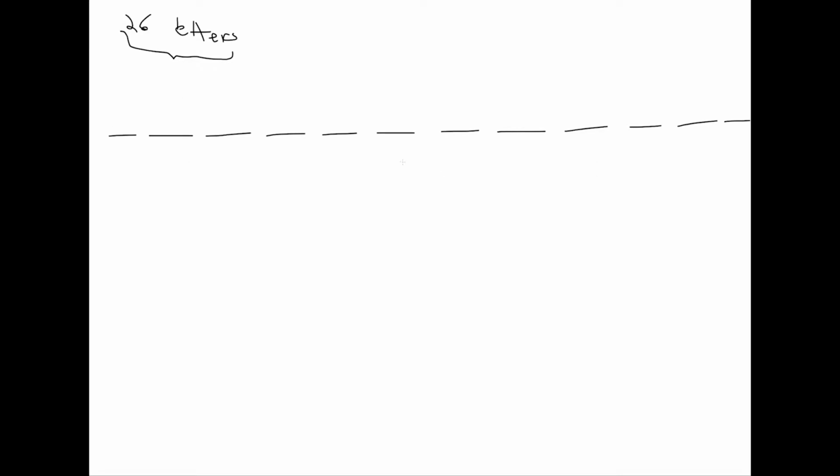These 26 positions are each going to hold a letter, and if they each hold a different letter, them as a whole is going to represent one way to organize the alphabet, and that will be one permutation. Another way to organize them would be in some other order.